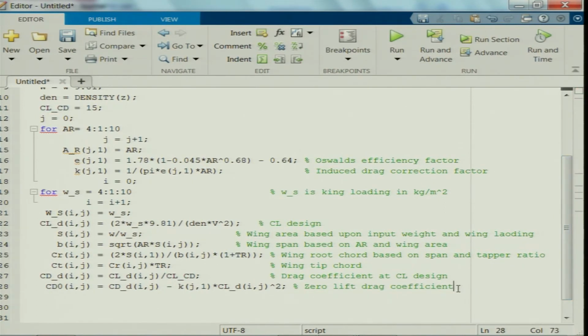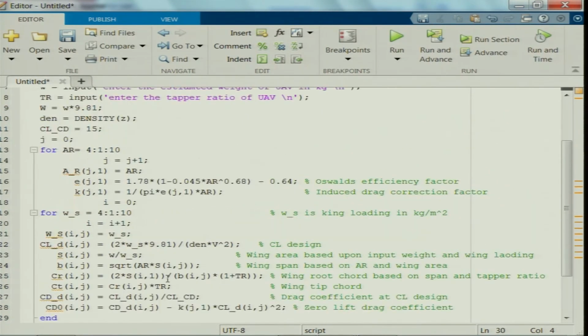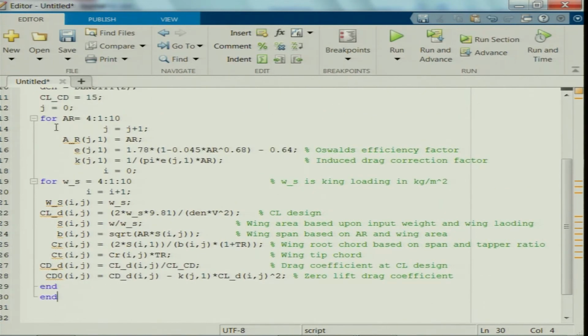So, now I think it is the end of the first iteration. Okay. So, the outer loop is closed as well as the inner. So, end of this inner loop and end of the outer loop. So, we can now plot how these parameters are varying with wing loading, right.